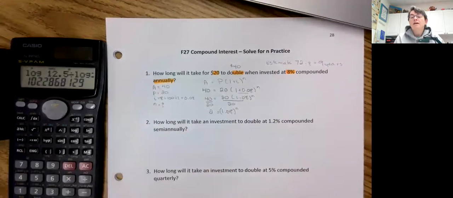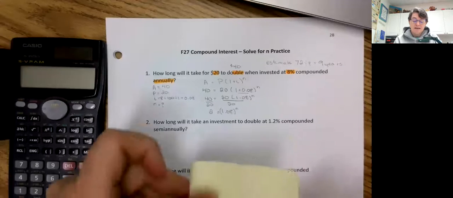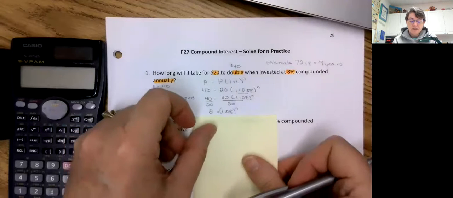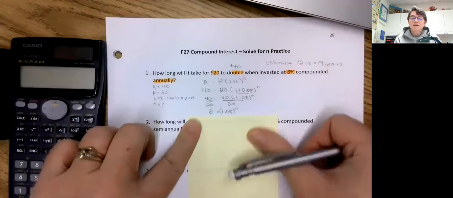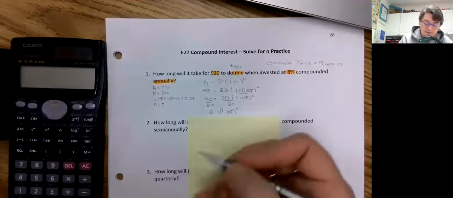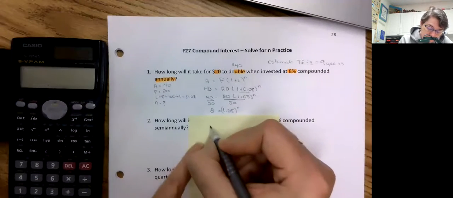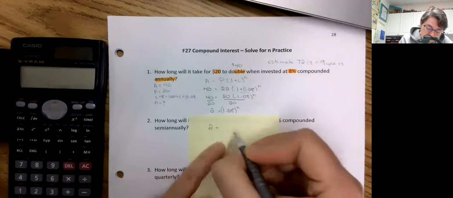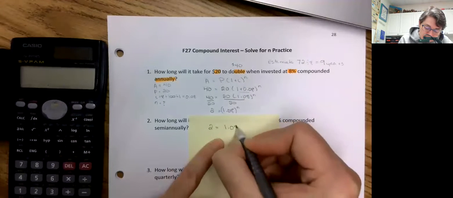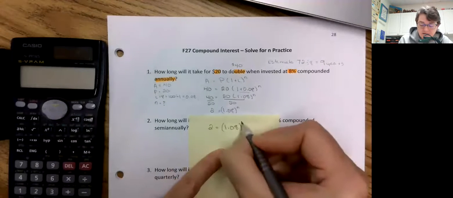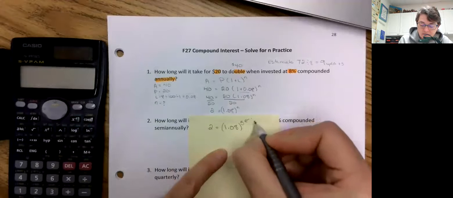And this is where a lot of students will get stuck. Without the log formula, you're kind of stuck with guess and check. And I'm just going to cheat. What do I mean by guess and check? Well, I need to end up with 2, and I'm going to go 1.08 and randomly pick 5.